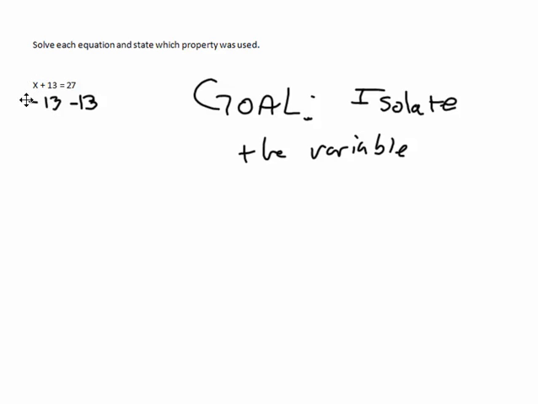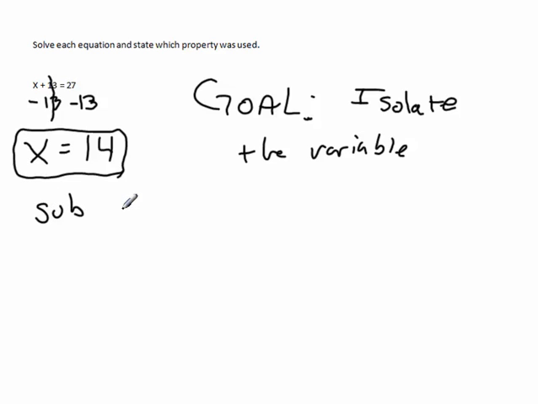And here on the left hand side, when I take 13 away, x plus 13 minus 13, now the 13's cancel out and I'm left with simply x. And on the right hand side, 27 minus 13 leaves me with 14. And we use the subtraction property of equality.